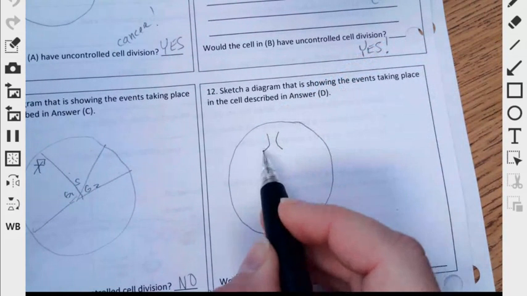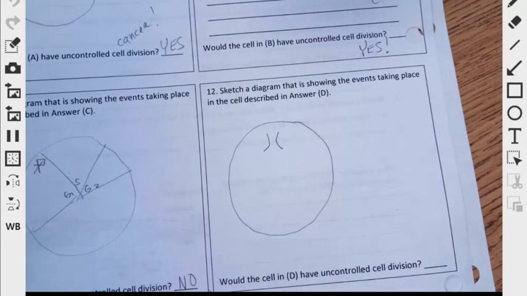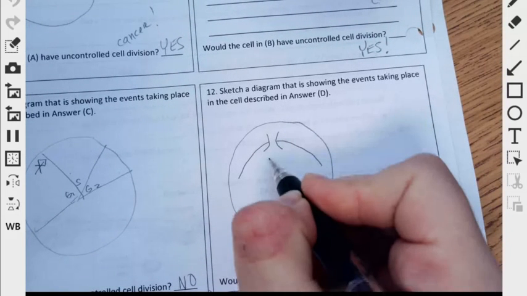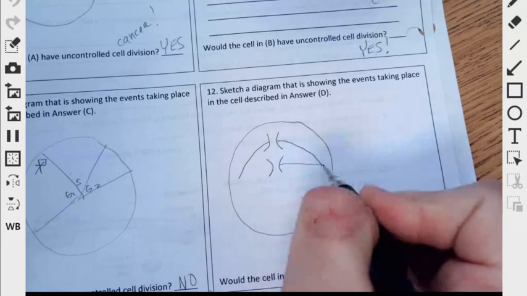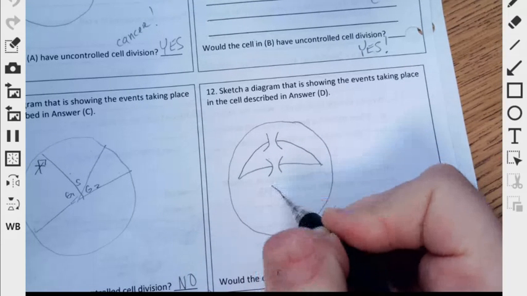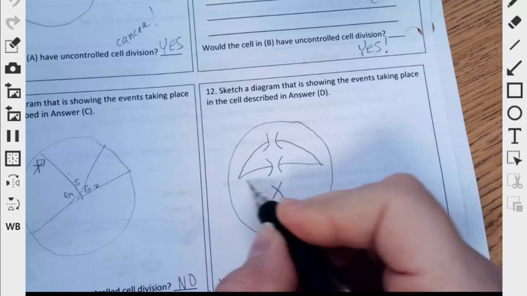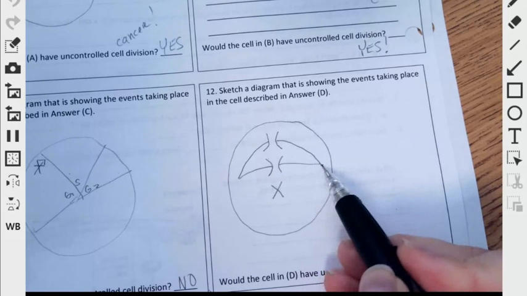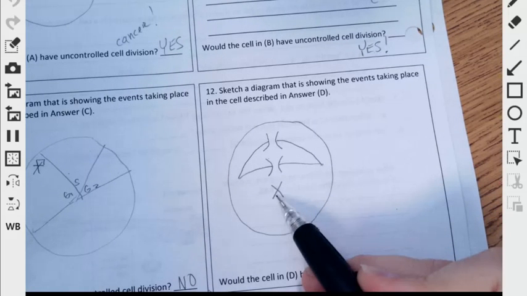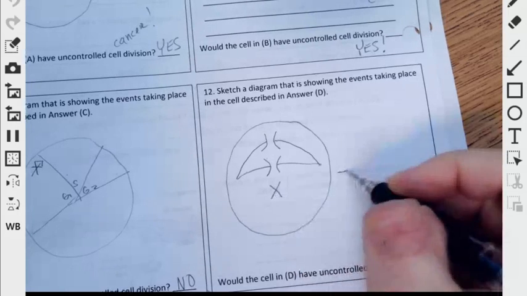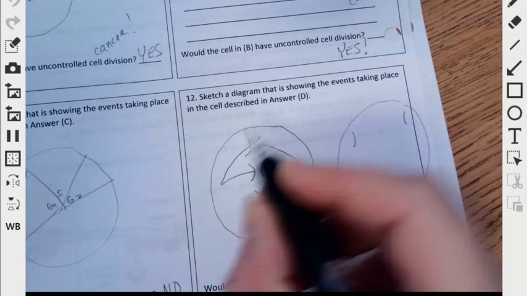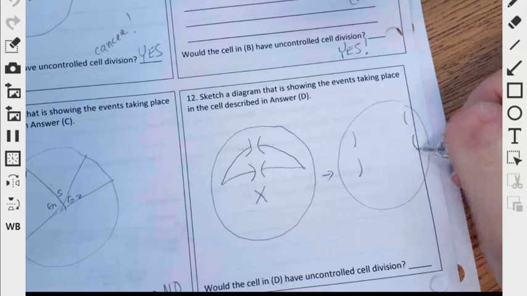Remember, sister chromatids, there's 2 of them in an X. It says they're being separated despite not all of them being hooked up by spindle fibers to the poles. These aren't hooked up, right? So let's think about what would happen here. If this cell continues on, you're going to get these 2 sister chromatids pulled apart, these 2 sister chromatids pulled apart. That X is chilling right here.